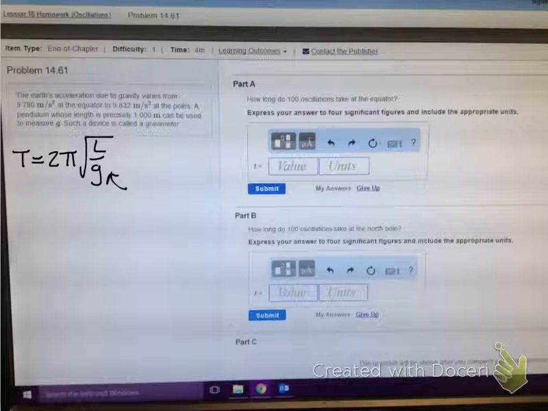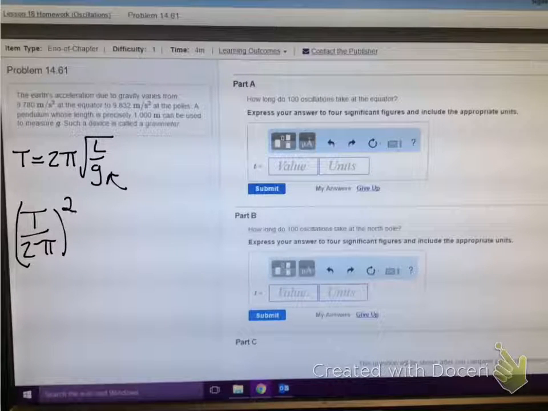All right. So first you need the period. Period is going to be your time divided by the number of oscillations you have. Once you have that, you can solve for G, and that actually gives you T divided by 2 pi, and that's all squared.